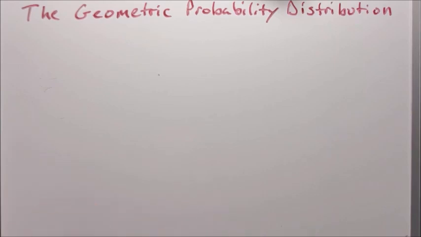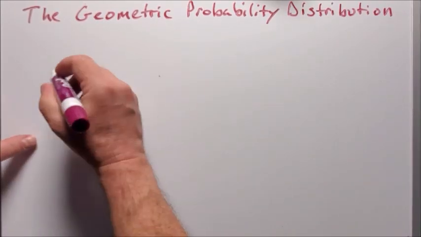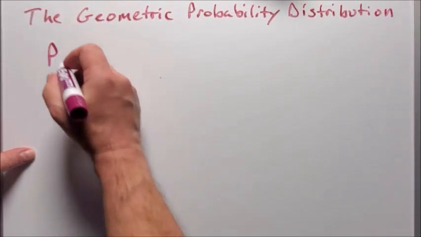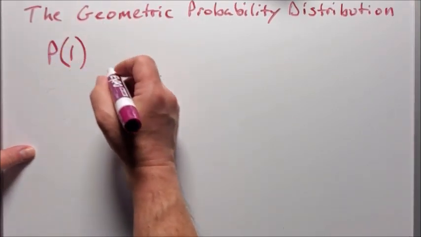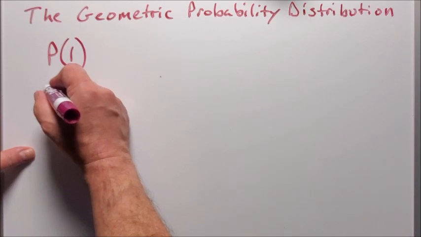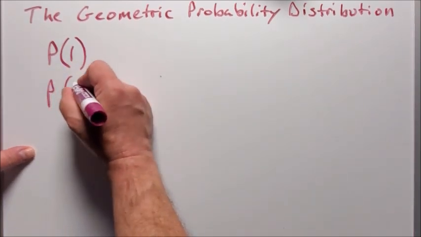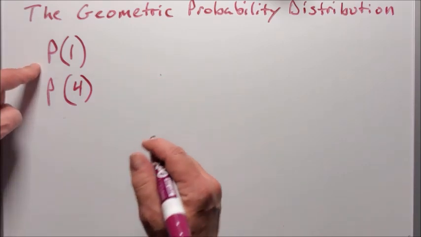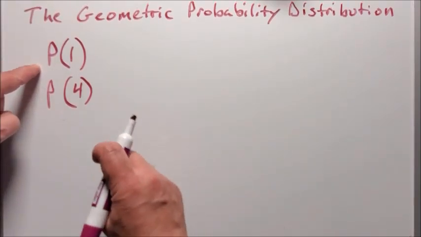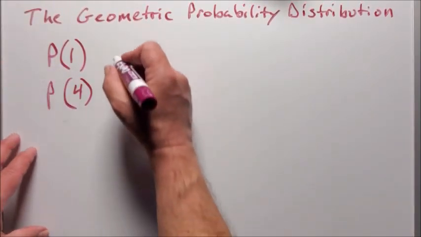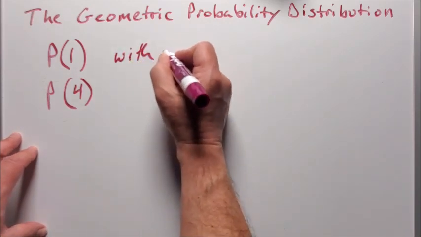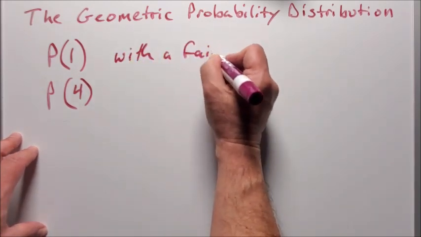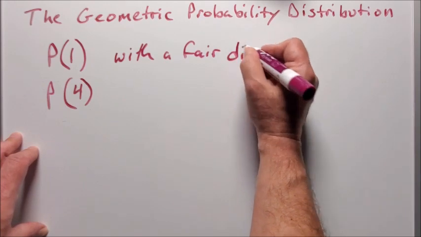I am going to give you a couple of problems, and then you're going to pause the video, and we're going to work them out and go on to a few more. Let's say I want you to figure out the probability of a success on the first trial with a fair die.